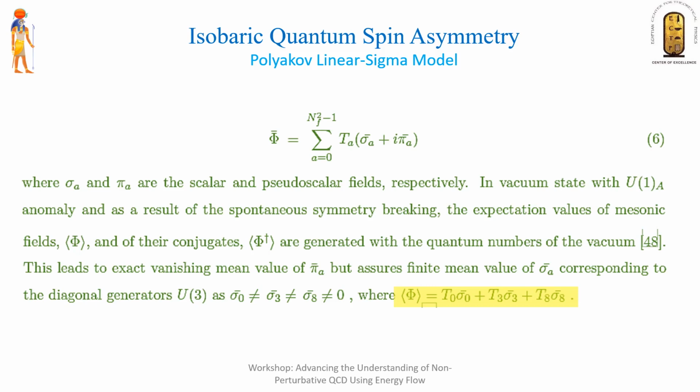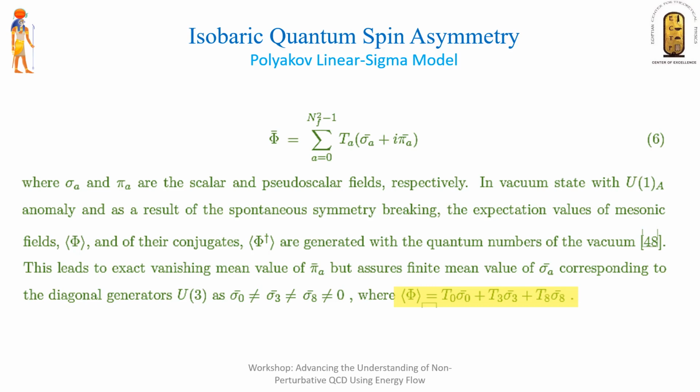In the vacuum state U(1), there is some anomaly, and as a result of the spontaneous symmetry breaking, the expectation values of the mesonic fields and also of their conjugates are generated with some quantum numbers.